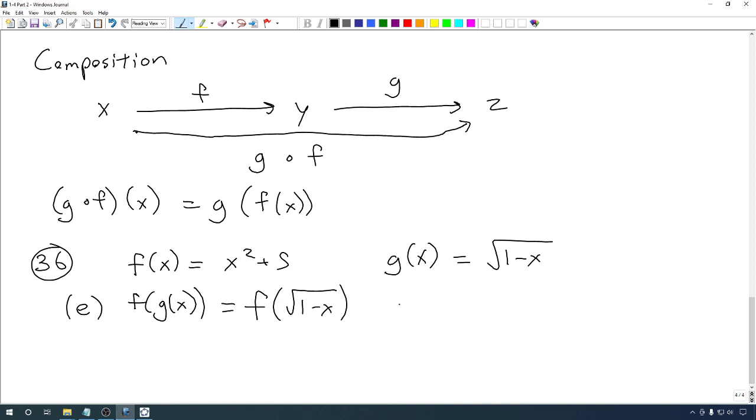This x here needs to be replaced by the square root of 1 minus x, but everything else stays the same. Now we can actually simplify this a little bit. The square root here can cancel with the square and leave us with a 1 minus x. And in fact, we can then combine the 1 and the 5 to get a 6 minus x.